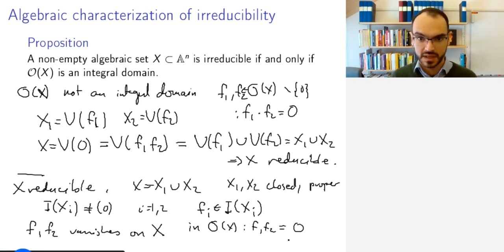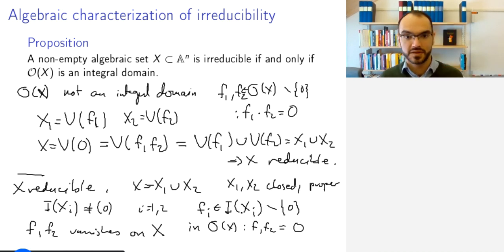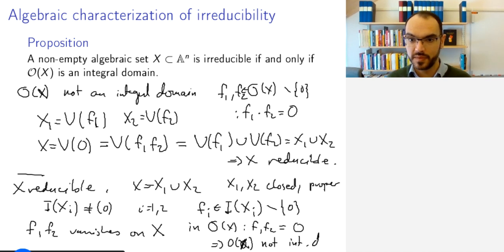It's a zero function. And since these were chosen to be not zero, and that was possible because the sets were proper, this shows that these are zero divisors. And so O of X is not an integral domain. And this proves the claim.